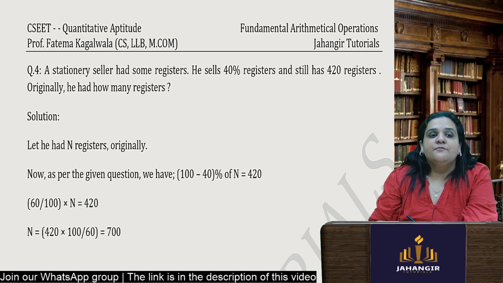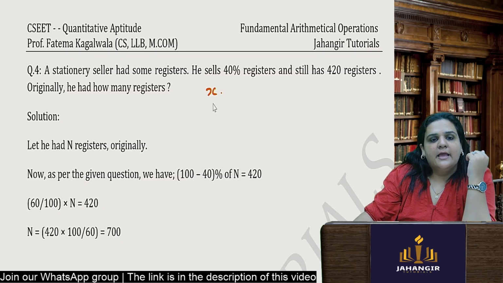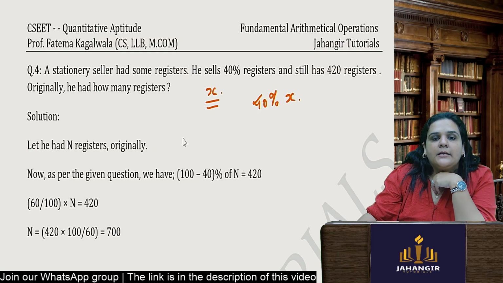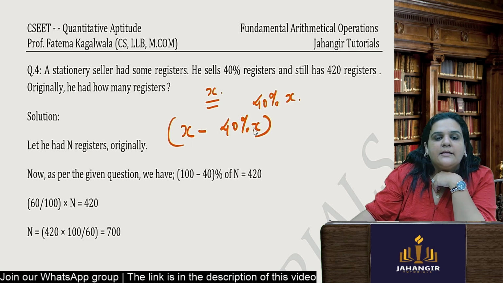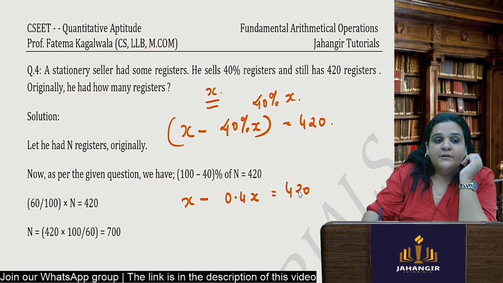Let the number of registers be X or let it be N. So 40% he has sold, out of the total number, and now he is left with 420. So basically I can say X minus 40% of X, which is 0.40x, is equal to 420. I am solving it in a much simpler form.